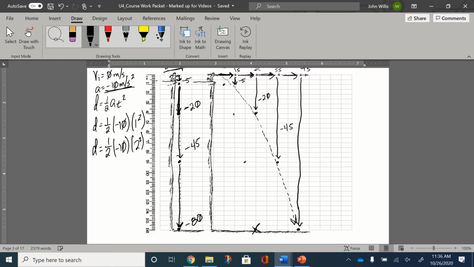If we doubled the horizontal speed, then traveling double, it would have been 5 there, 20 here, 45 all the way out here. Yeah, 20, 45, all the way down here, right?